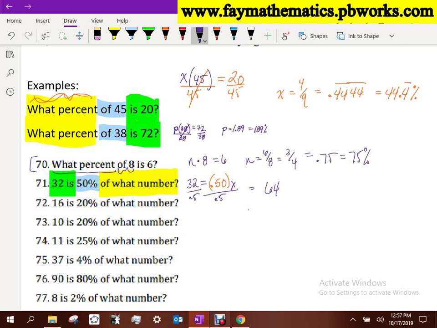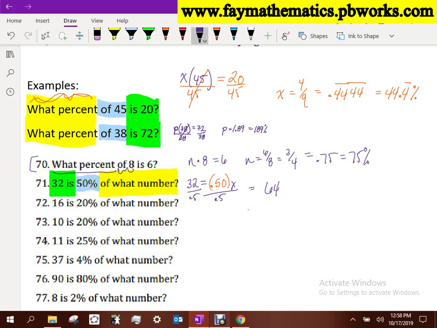So when you're checking to see if you got the right answer, take the two numbers. I'm going to call them whole numbers. They might not always be whole numbers, but the two numbers that do not have the percent symbol, divide them. See if they give you the percentage. If they don't, take the reciprocal and divide those. See if they give you the percentage. If they don't, then you don't have the right answer. If they do, you've got the right answer.